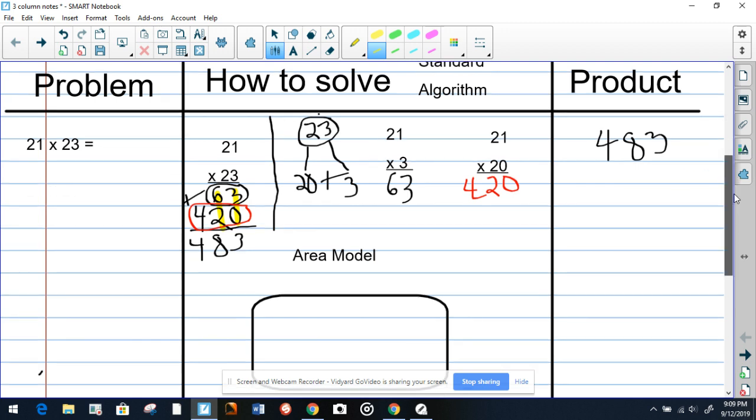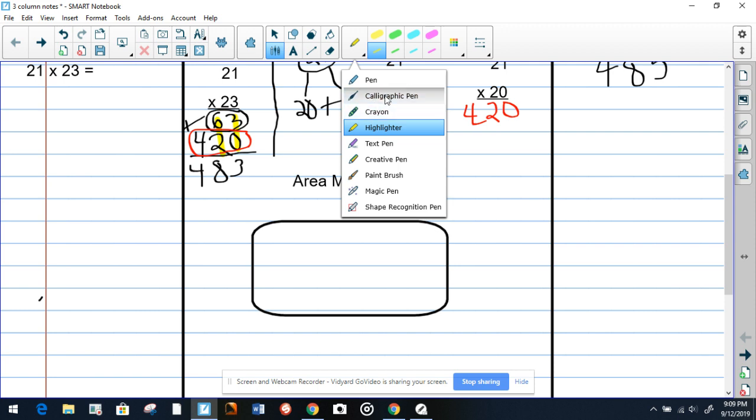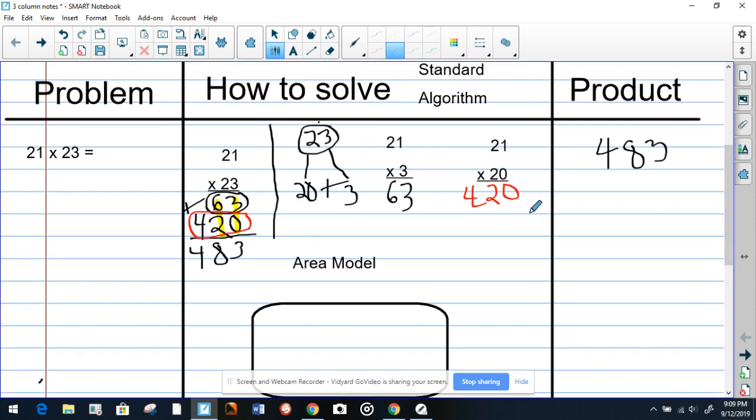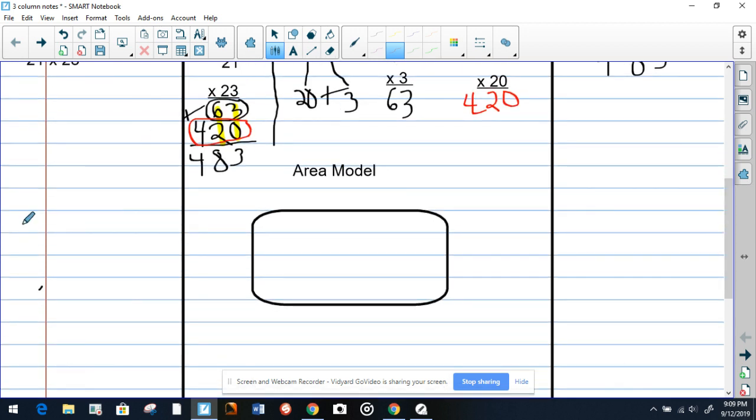Now let's look at the area model. Okay, so the area model is represented by this operation. So now we always look at the number that is below. So let me write the number. It's going to be 21 times 23. There is a multiplication, okay?